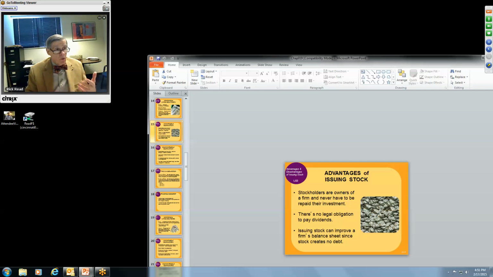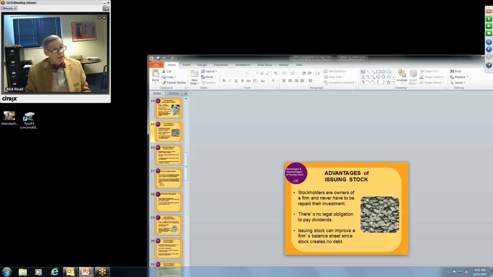But there's nothing that says that the company that issued the stock has to repay the initial investment, or, for that matter, even to issue dividends. As it says here, there's no legal requirement to provide dividends, or issue dividends, or pay dividends, whatever the right term is.